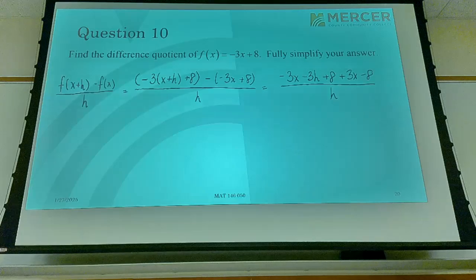Simplify the numerator. First step, distribute that -3 through, and then distribute the negative through the second grouping. Not simplified yet. Combine like terms. -3x plus 3x is 0. 8 minus 8 is 0. Left with a -3h in the numerator.